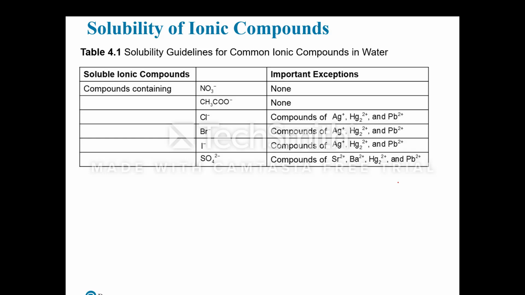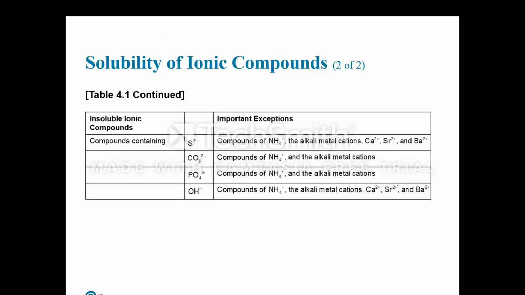But if I have strontium sulfate, barium sulfate, or mercury 2 sulfate, or lead 2 sulfate, these are insoluble in water. We have several anions that are typically insoluble, except for when paired with some specific cations.